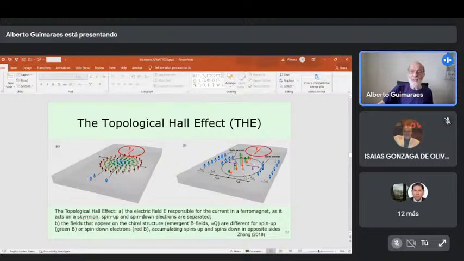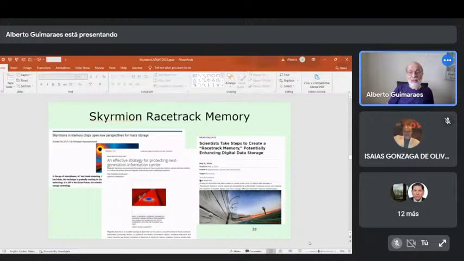The electrons with spin up and with spin down see different magnetic fields, and they are deviated by the skyrmion, which is in fact by the topological charge of the skyrmion, in a way that is illustrated here. Field for one type of electron and field for the other type of electron.